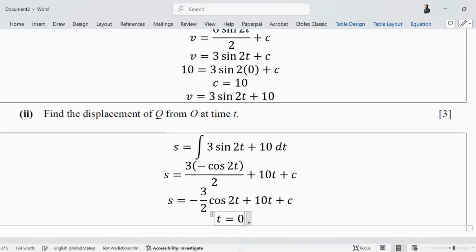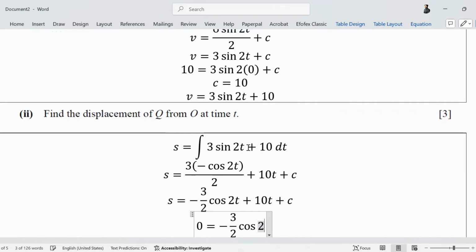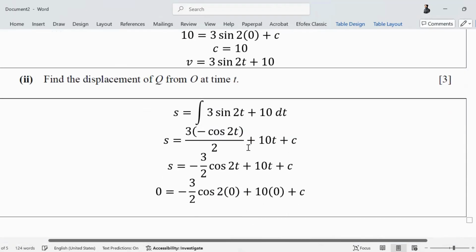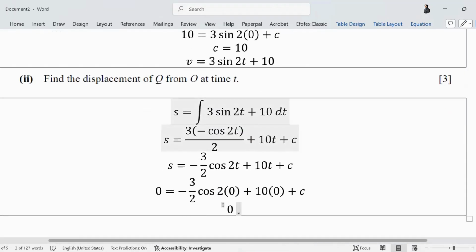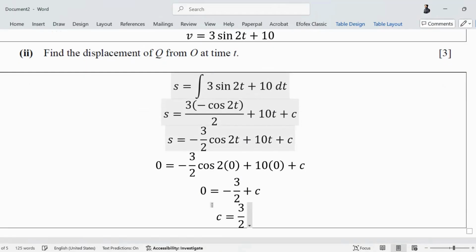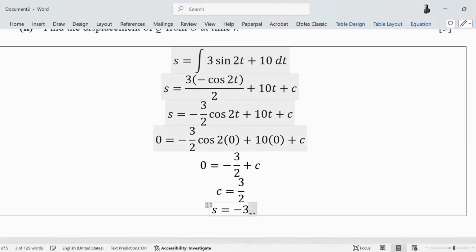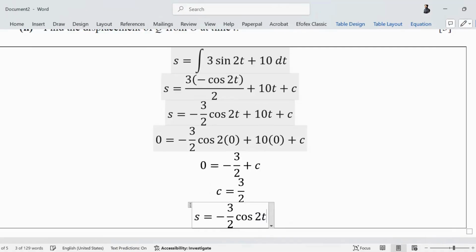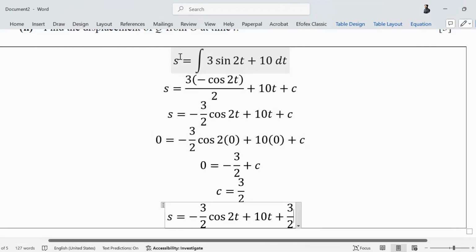When t is 0, s is also 0. 0 equals minus 3 upon 2 cos 2 into 0 plus 10 into 0 plus c. Be very careful with this. Cos 0 is 1. Minus 3 upon 2 plus c. So the value of c is 3 upon 2. So s is minus 3 upon 2 cos 2t plus 10t plus 3 upon 2. So this is the equation of displacement.